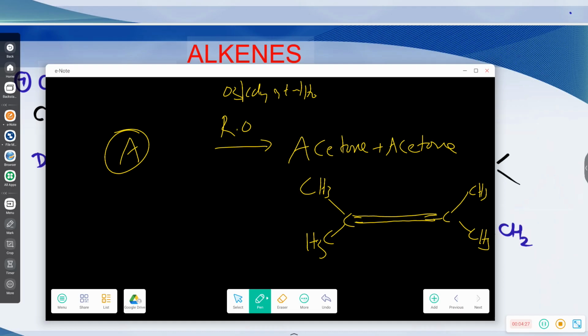Double bond: bring or remove, extend the double bond. That's all. Then what is the compound? Tell me. 2,3-dimethylbutadiene. Reverse problem understood. What you have to make? Double bond is break, O is remove. Extend R. Product over.